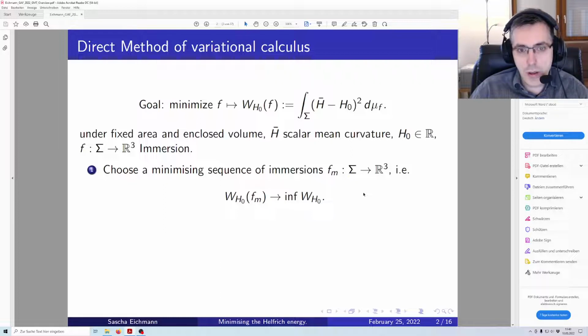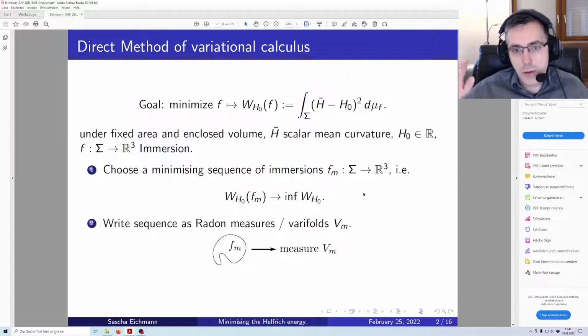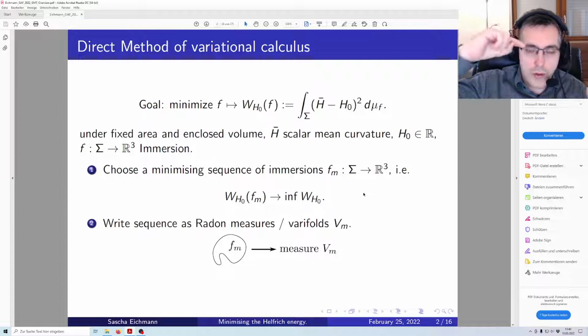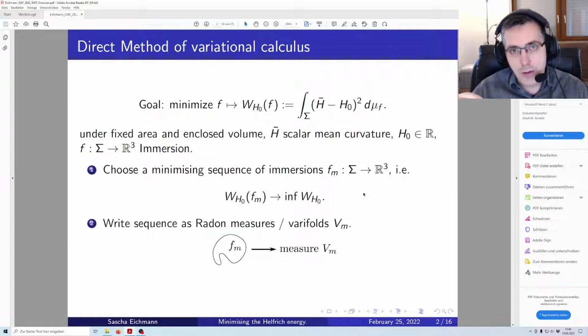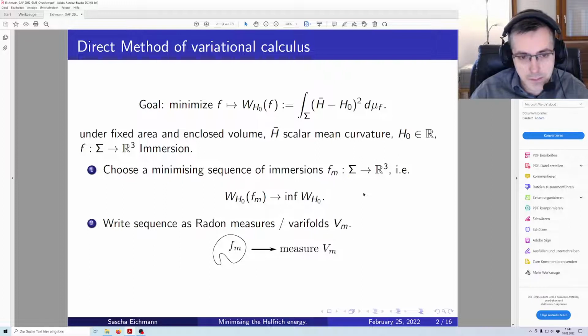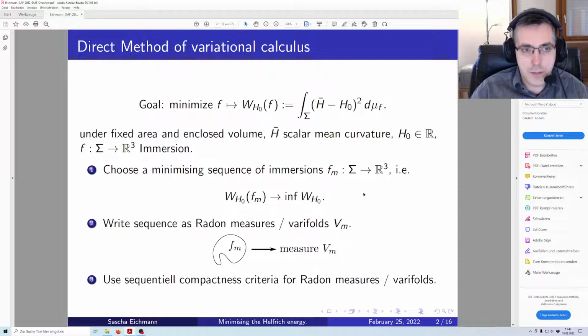And measure theory, because we want to reformulate these F_m, these immersions, as Radon measures. Then we can use good compactness theorems from measure theory. This is essentially the outline for this talk. Let us dive straight in.